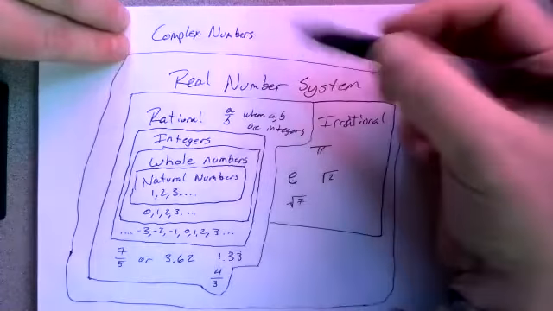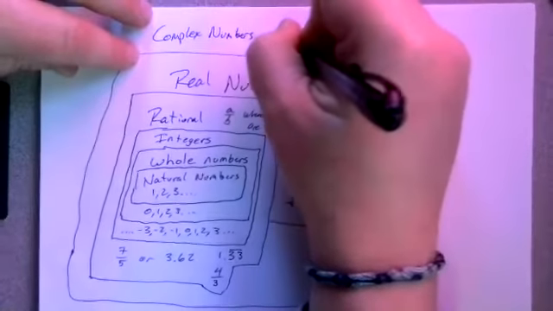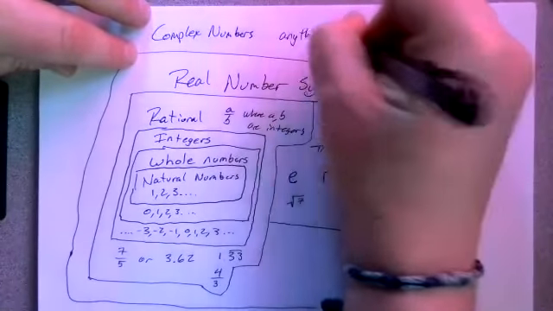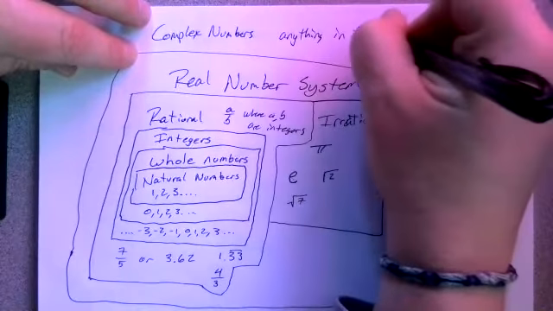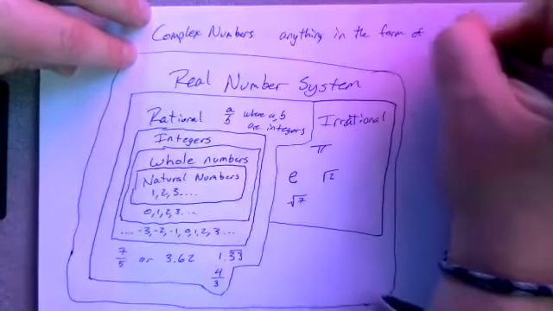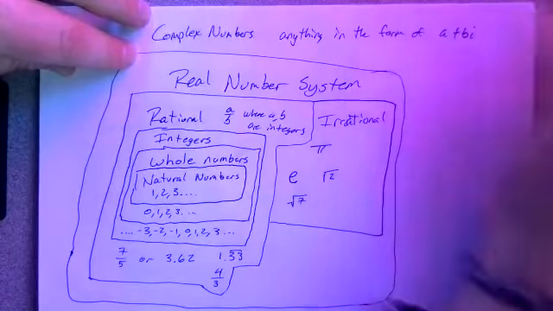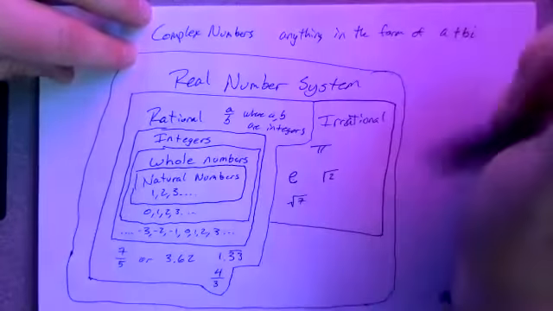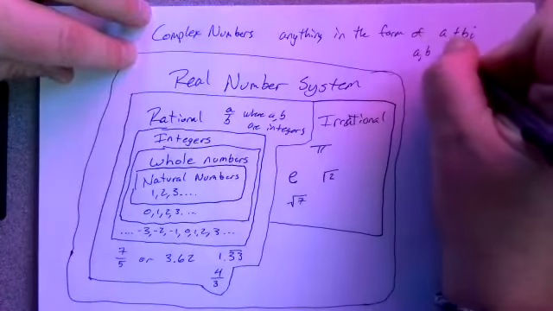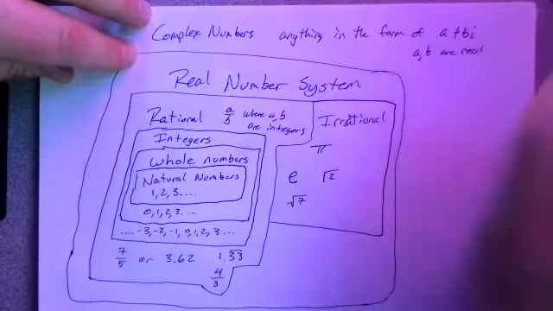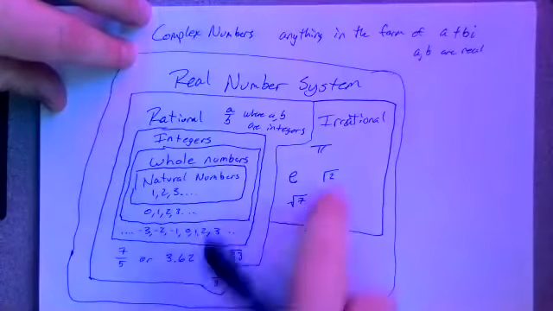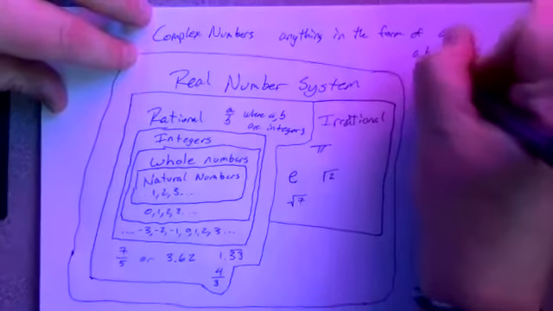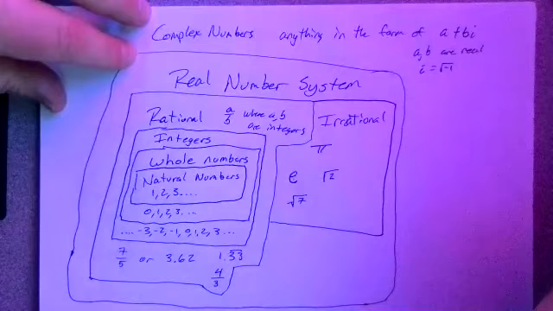A complex number is anything in the form of a plus bi, where a and b are real, so it could be anything in here, and i is the square root of -1.